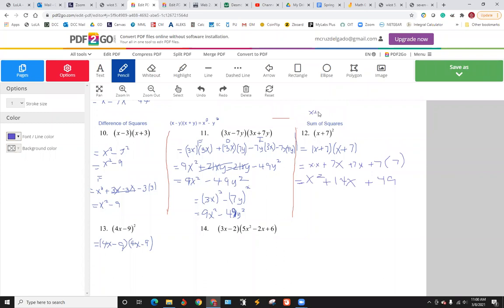I'm just going to use X plus Y to make it kind of generic. All right, we'll get to number 13 in a minute. But I just wanted to show you this form because it just gives you an alternative way to do it.